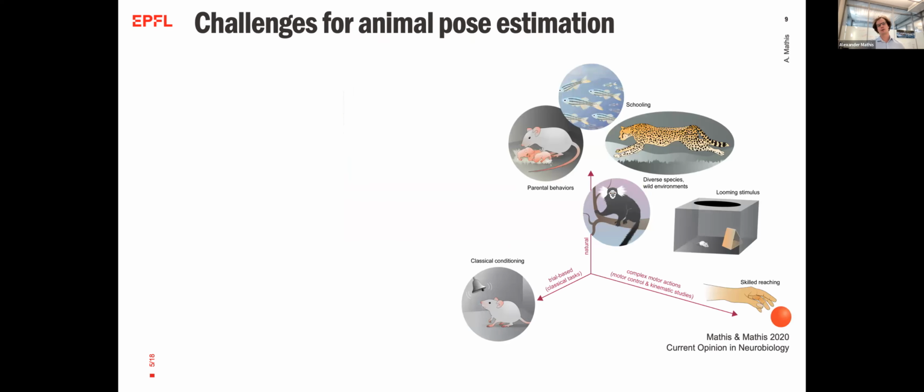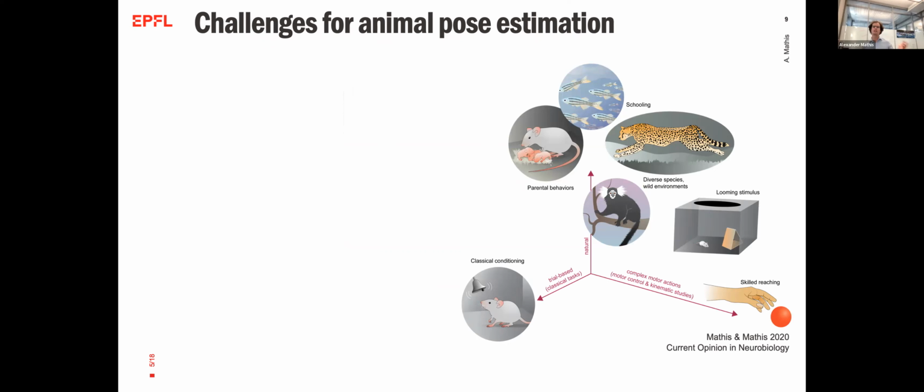So what we wanted to do is we ported these pose estimation algorithms from the human field to animal pose estimation. And what I want to do on this slide is talk very briefly about the challenges for doing this.